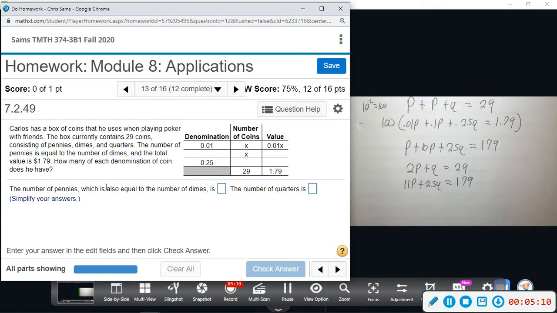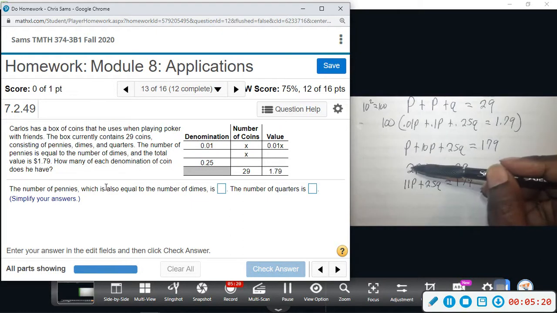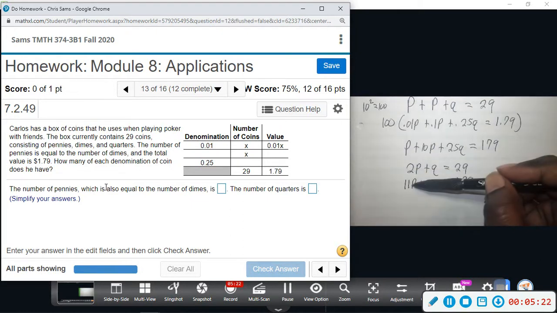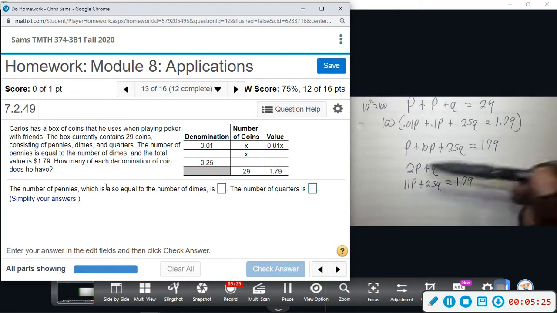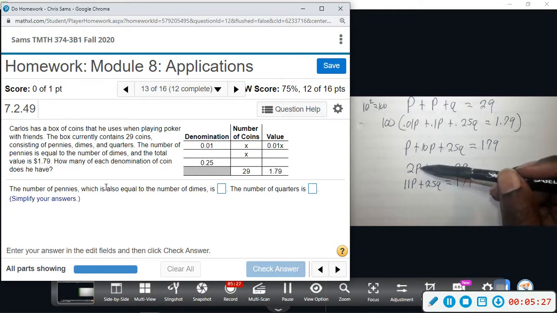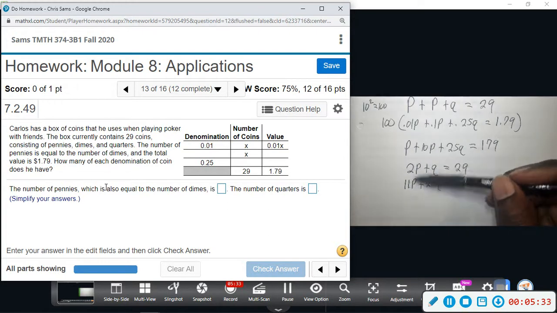Alright, now in order to solve this, we want to eliminate either P or Q. I cannot multiply 2 times anything to get 11. So you look at each of the P's. If I want to eliminate P, I need these numbers to be the same but have the opposite sign, so when I add them up something cancels out.